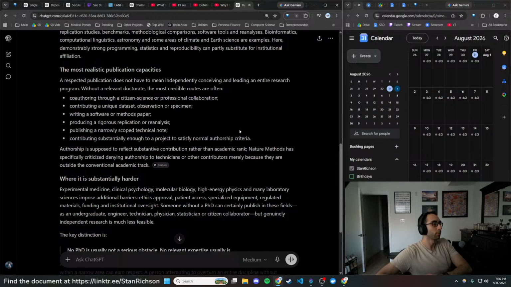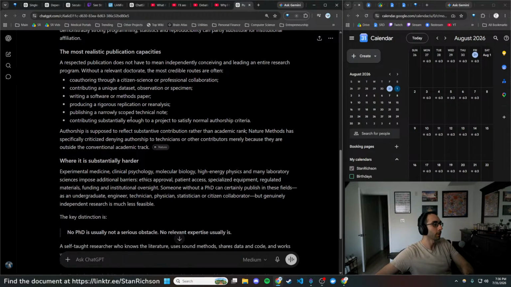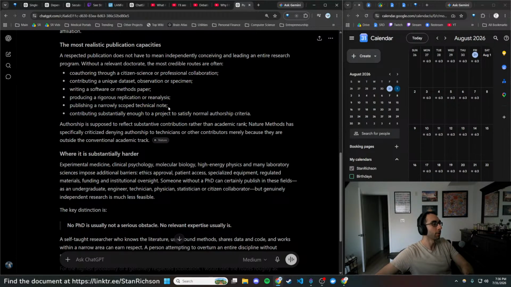The most credible routes are often co-authoring through a citizen science or professional collaboration. We got contributing a unique data set, observation or specimen, writing a software or methods paper, producing a rigorous replication or reanalysis, publishing a narrowly scoped technical note, or contributing substantially enough to a project to satisfy normal authorship criteria.